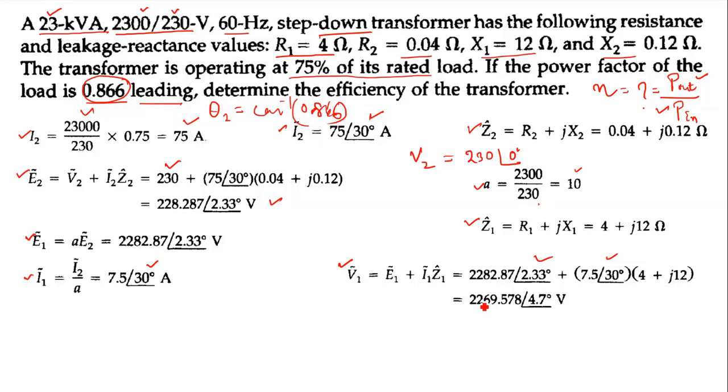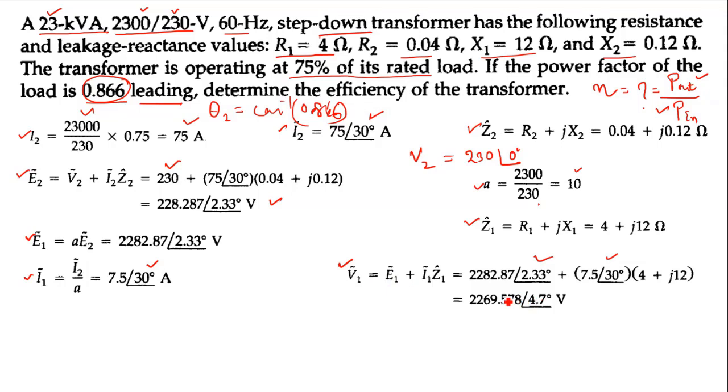It is coming around 2266.578, angle is 4.7 degrees. Now what is the angle between V1 and I1? I1 is making an angle of 30 degrees with reference and V1 is making an angle of 4.7 degrees, right?